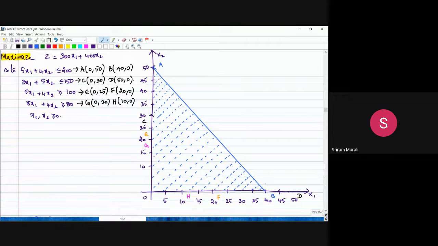Okay. Second line. What is the second line? C and D. C is here, D is here.